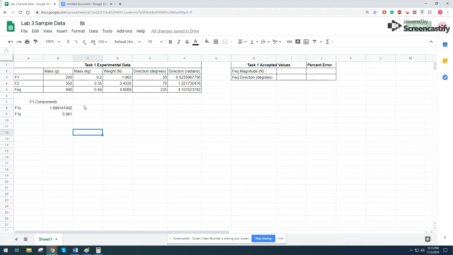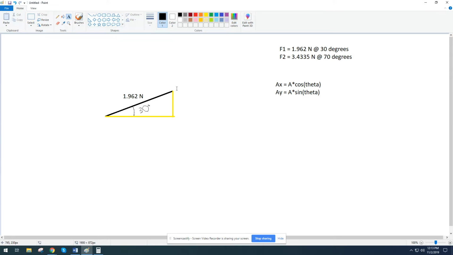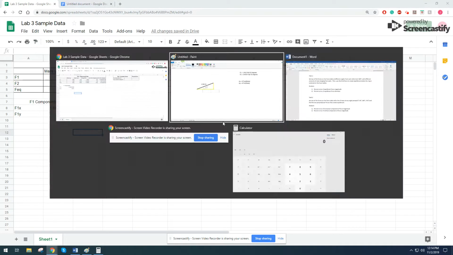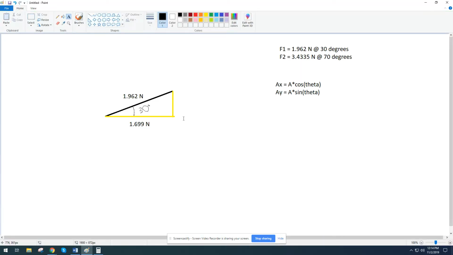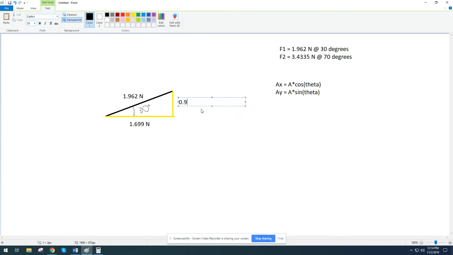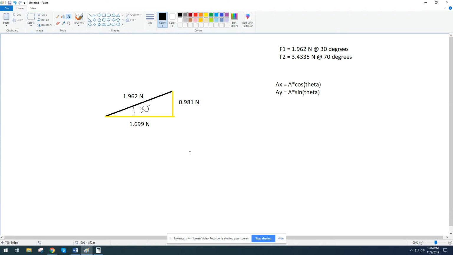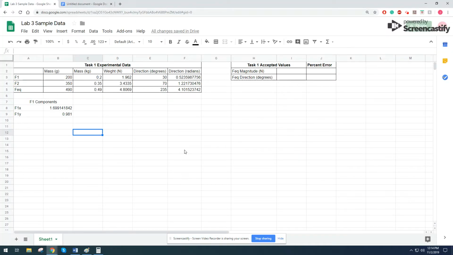So this is saying that instead of thinking of this one single force of 1.962 newtons at 30 degrees, you can think of it breaking into components as a horizontal force of 1.699 newtons to the right, and also 0.981 newtons vertically up. That's essentially what this is saying. So these are the components for F1, and we also want to do the exact same thing for F2.